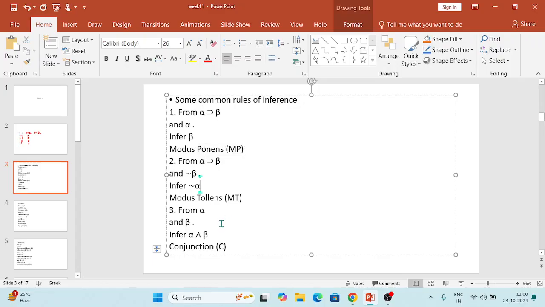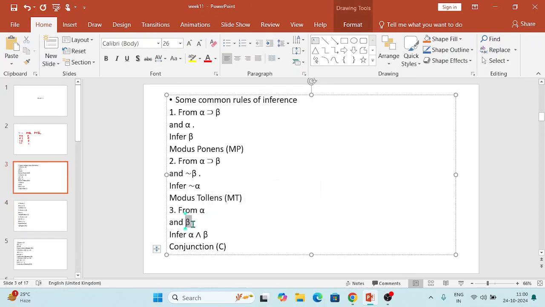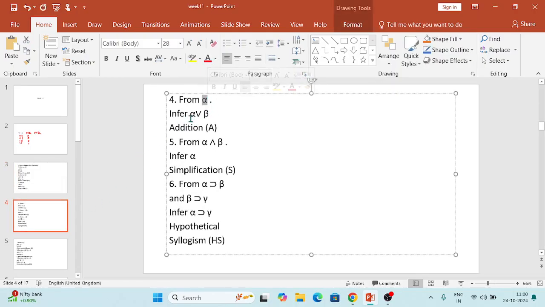Okay, reverse. Next, if we have alpha and beta, then we can write alpha and beta. This is called conjunction. If both alpha and beta are given as facts to you, then we can infer alpha and beta. Okay, and if they had given alpha, then you can write alpha or beta. This is called addition. We are adding one more.